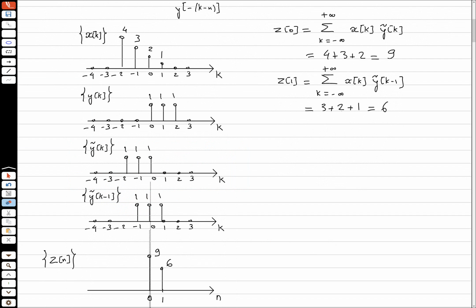I'm not going to write it. You know that z of 2 is going to be the same thing, but you shift y tilde by 2. I'm not going to plot it. You can see it by yourself, right? When you shift this by 2, so this is shifting this by 1.